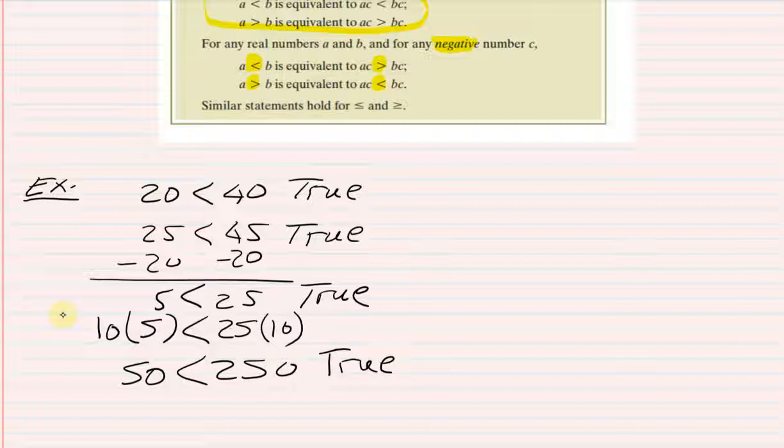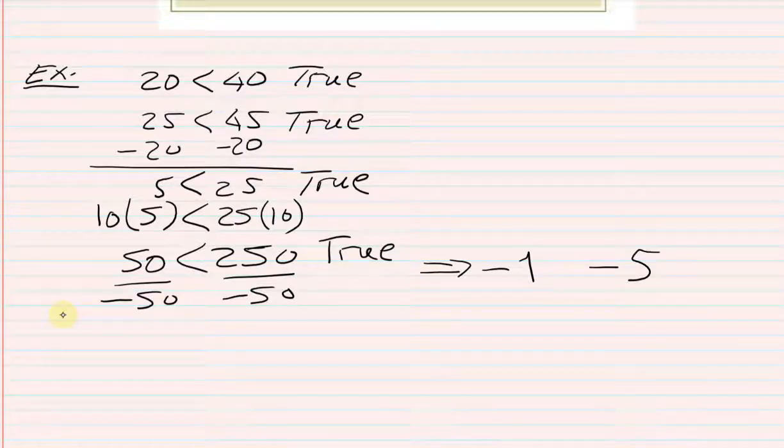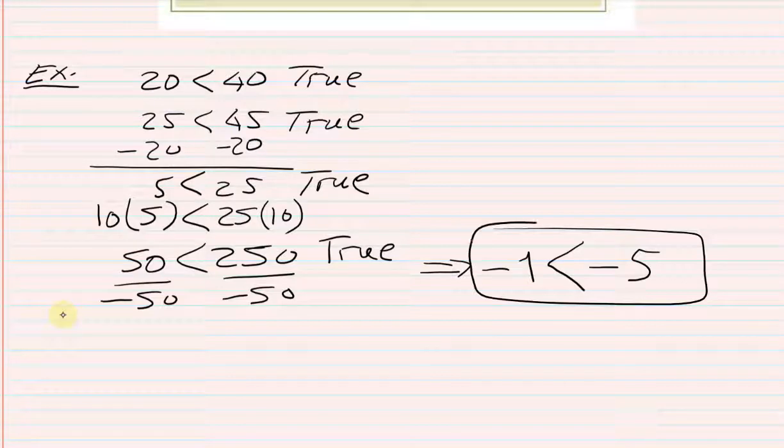And finally, let's say I divide both sides by negative 50. 50 divided by negative 50 on the left is negative 1. 250 divided by negative 50 is negative 5. Now, if I don't turn the direction of inequality, notice at this point, this is a false statement. Hence the reason we need to change the direction to maintain the true statement that we had before.